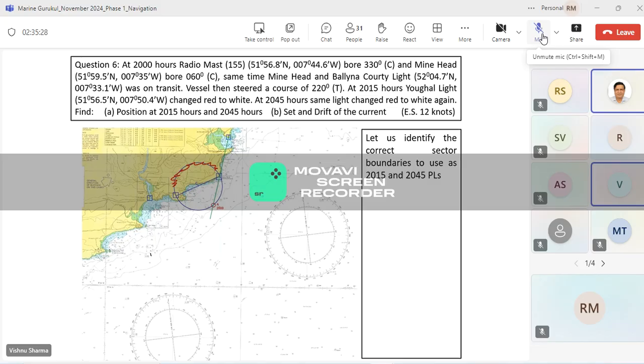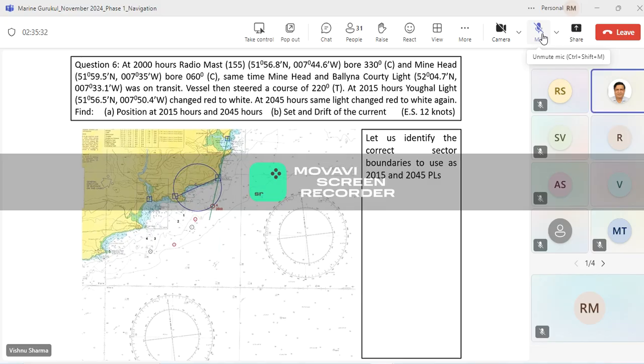And then we have two more PLs. We have this one as the red sector, this one as, I think, white, red, white. So this is where you can see the circle. Red circle is the red one. And I have marked the sector boundaries as 1, 2, 3, 4. Please keep in mind the course that the vessel is steering.